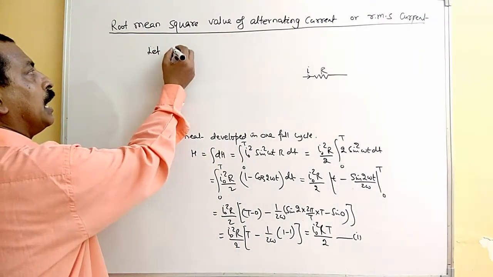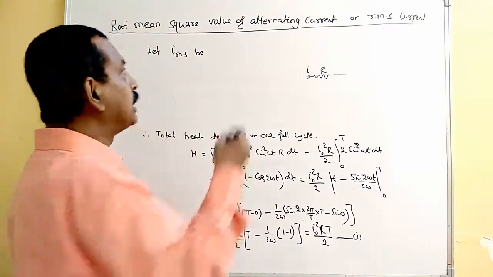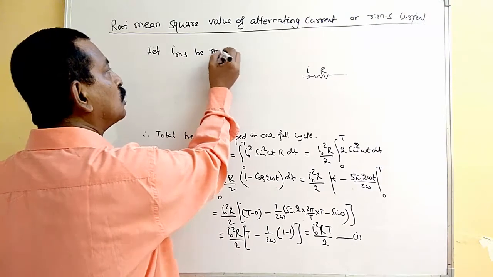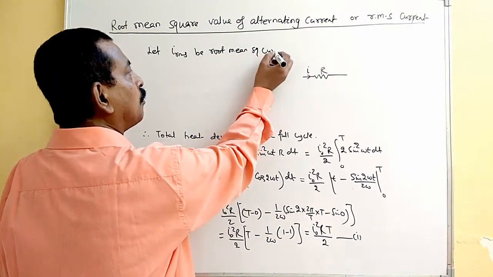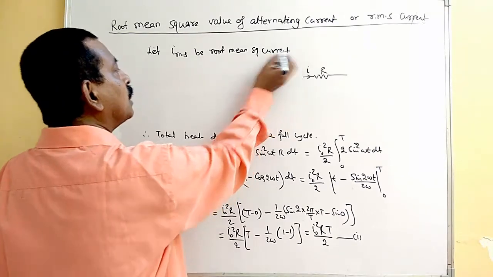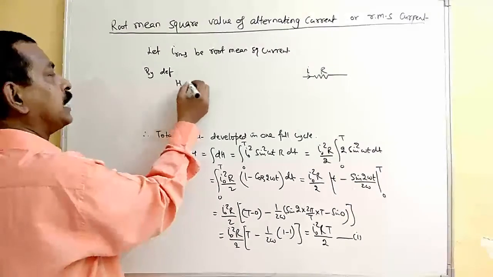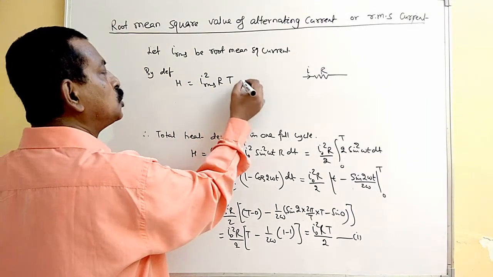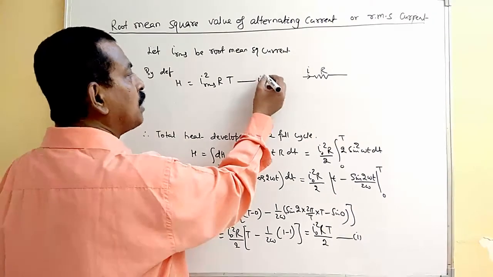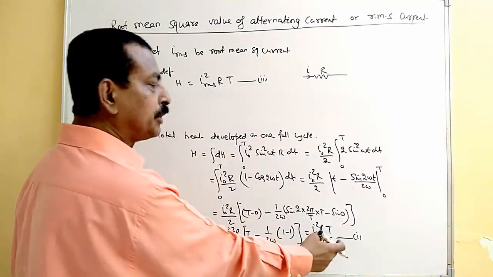Now let I RMS be the root mean square value of the current. Therefore, by definition, H will be equal to I RMS whole square R into T, because it will be producing the same amount of heat in the same duration of time. Time was one full cycle, so we have taken T there.